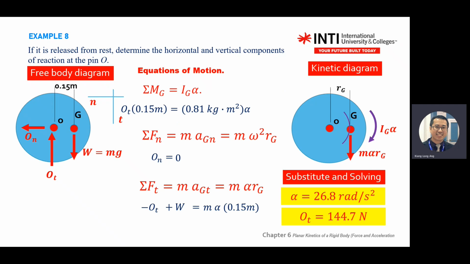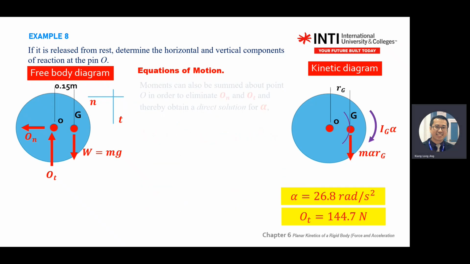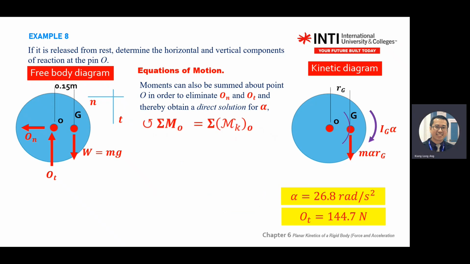But one more suggestion. You can find the moment at O. This is just application, a second set of the solution. So MO means you look at O. Free body diagram here, kinetic here.